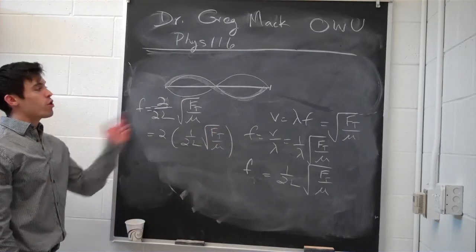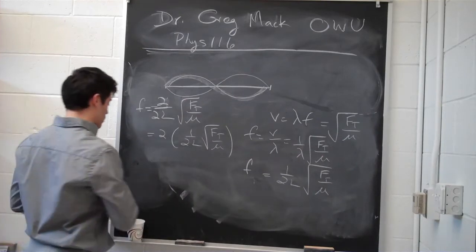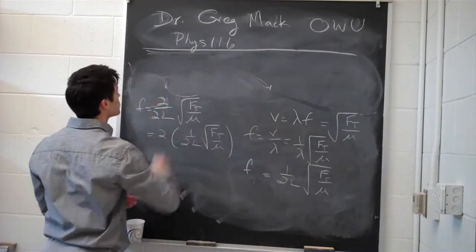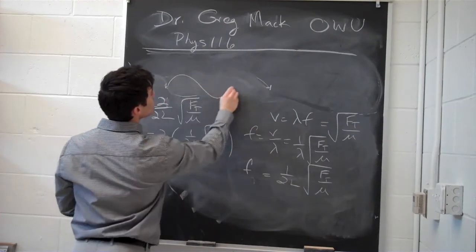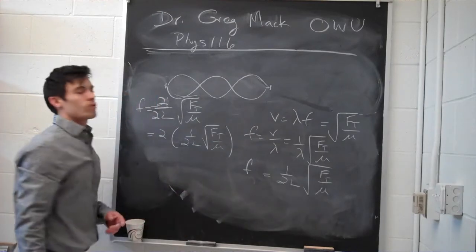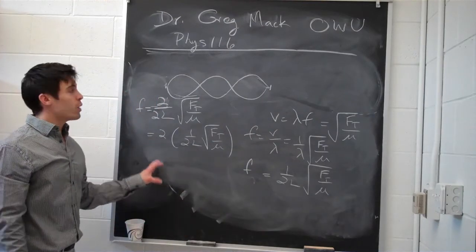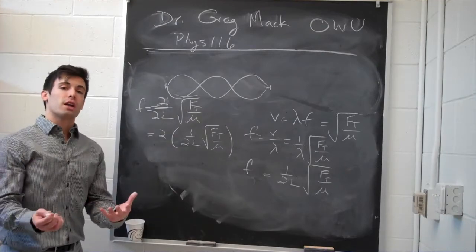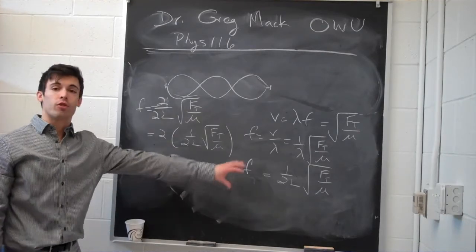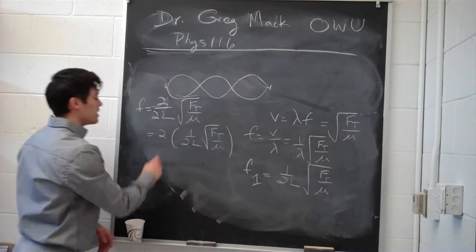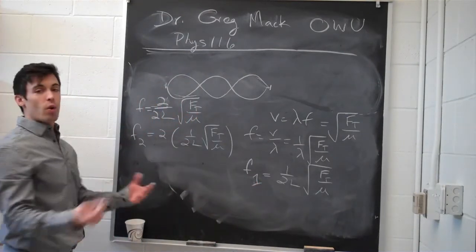And if you look at the third one, which would end up looking like this, and you analyze the wavelength, you would end up with a frequency that's 3 times the original. This is called the harmonic series of the frequencies. So this would be the first harmonic, this would be the second harmonic, and so on and so forth.